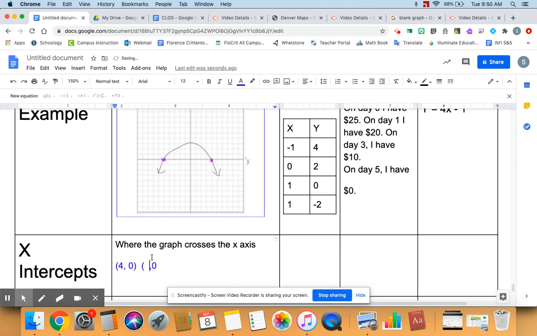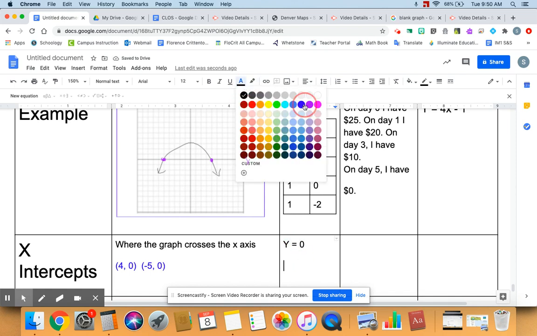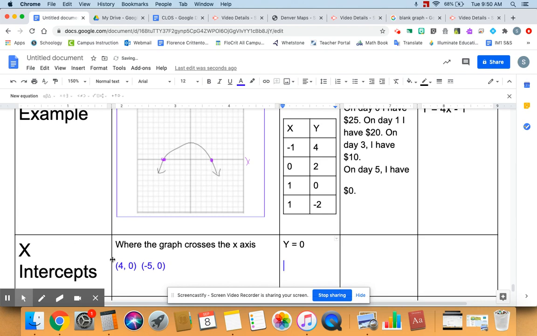So I went left 5, so that's -5 for x, but then my y was 0 because it does not go up or down. Which means anywhere on this line, if it's an x-intercept, y is always 0. So that's our second definition for x-intercepts, that for the x-intercept, y will always be 0.